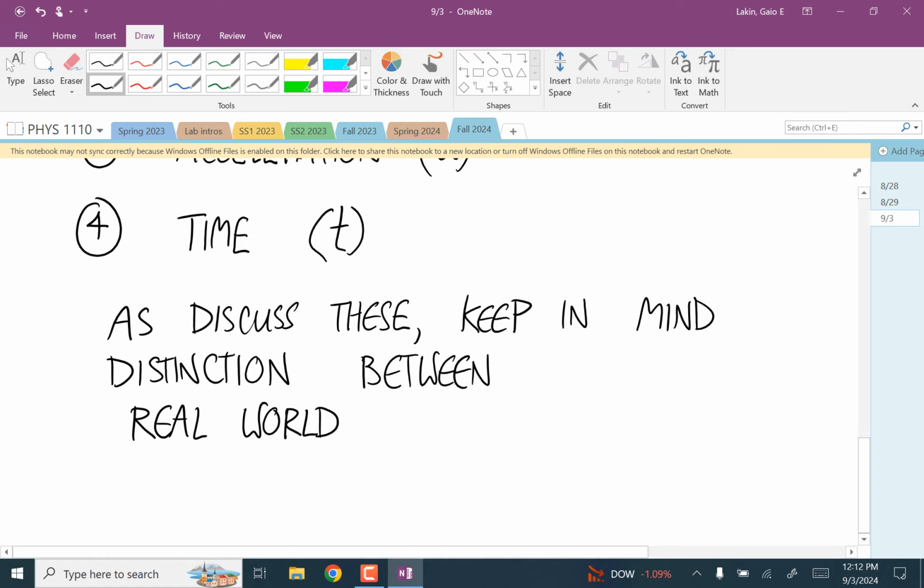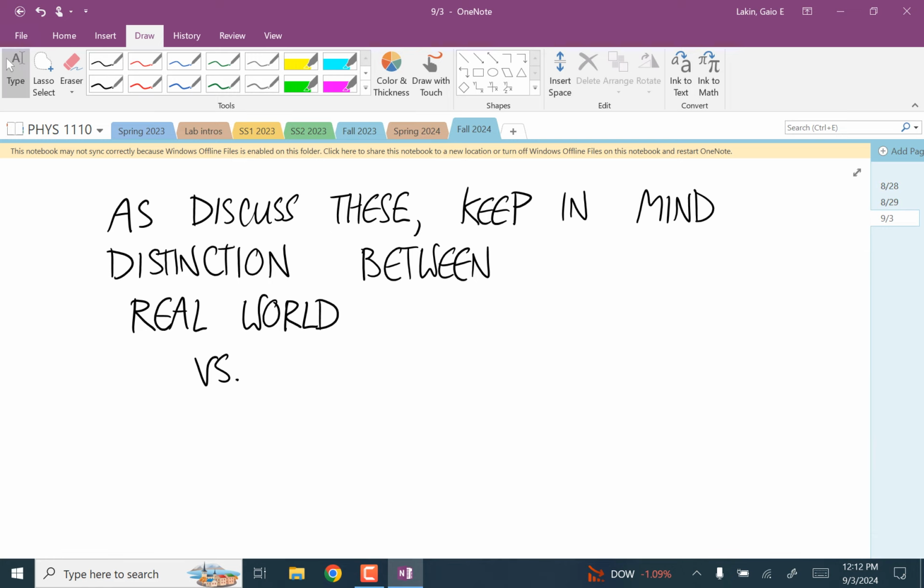And the other thing we're going to see is, I'm going to call it math world, where we're talking about graphs and just mathematical ways of describing things. And it's going to be important to keep in mind which of these two you're thinking about at any instant, or it's pretty easy to get confused.